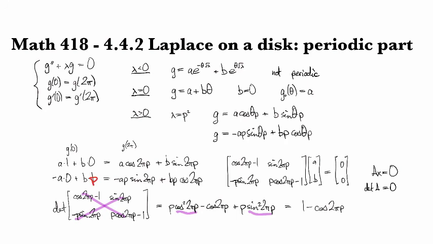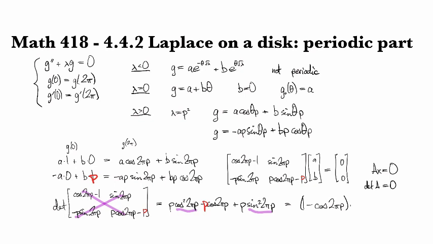So that means this is a p here, and this is 1 here, and there's 1 there. Now there's a common factor of p that I can factor out. Okay, great. So this is going to be equal to 0 if 2 pi p is a point where cosine is equal to 1. Cosine is equal to 1 at 0 and 2 pi and other integer multiples of 2 pi.